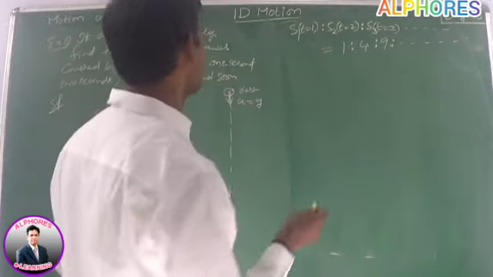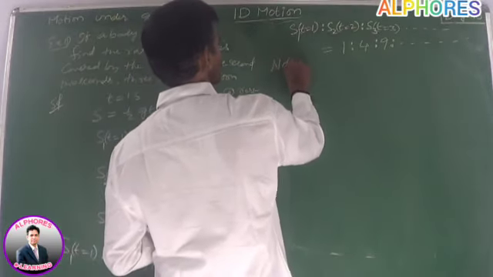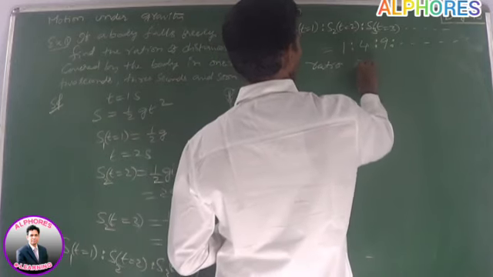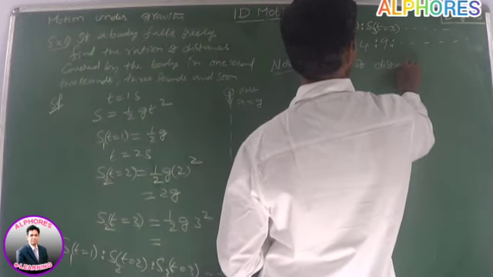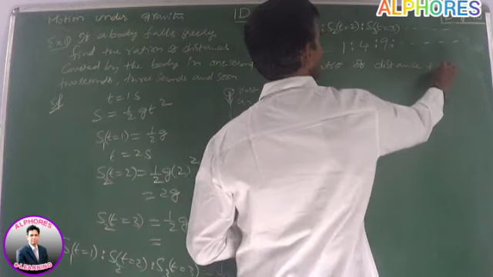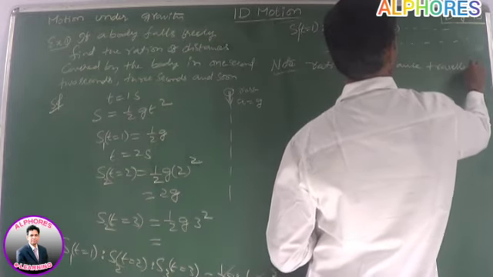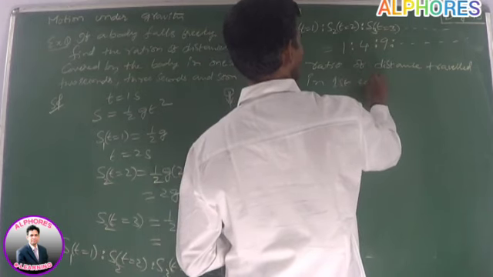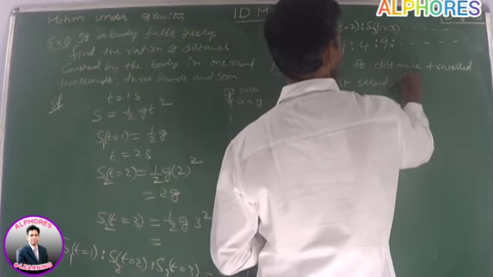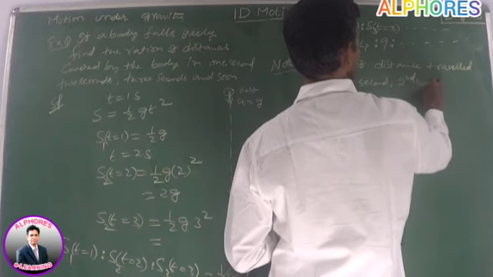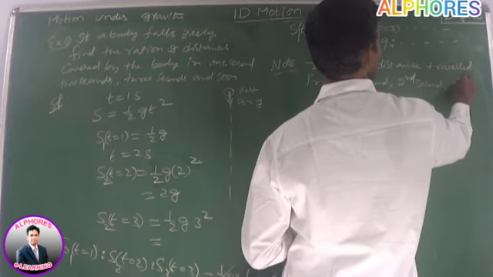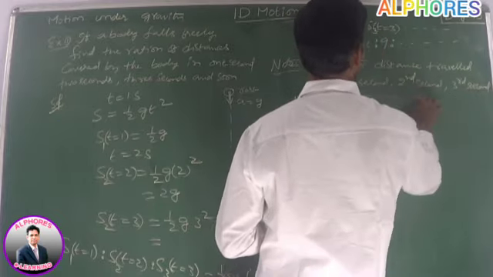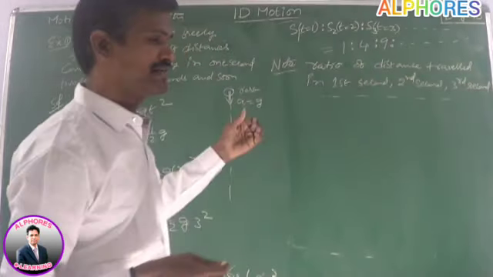If they ask you a question like that, note here: the ratio of distances traveled in the first second, second second, third second, and so on. How to write that ratio?